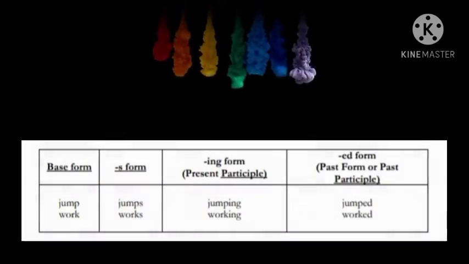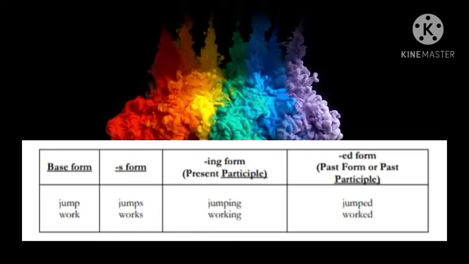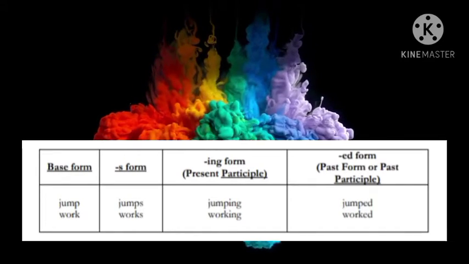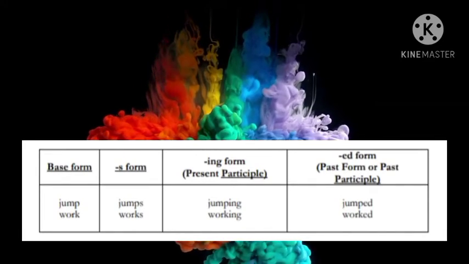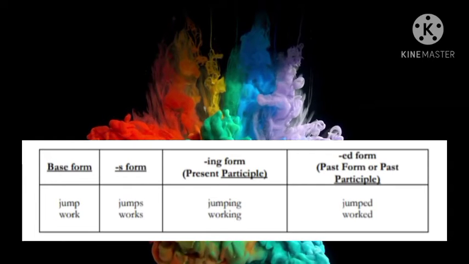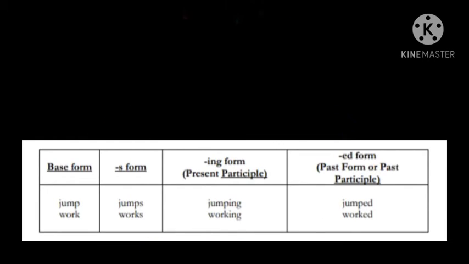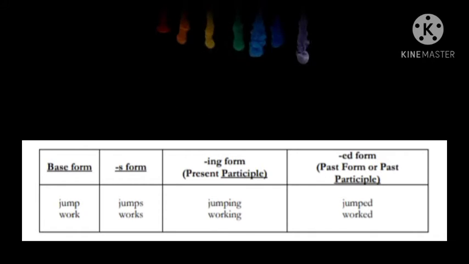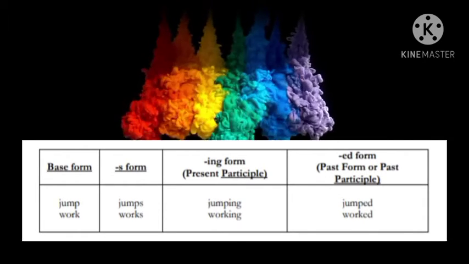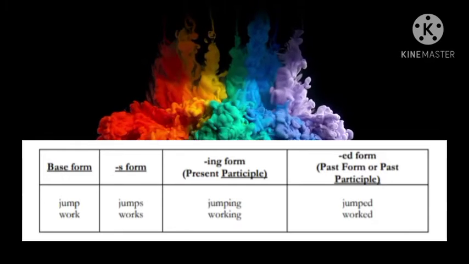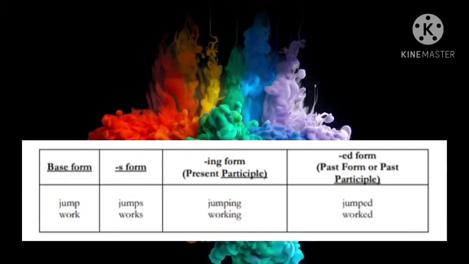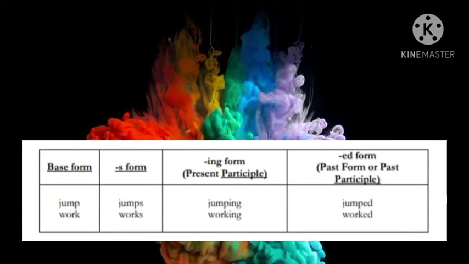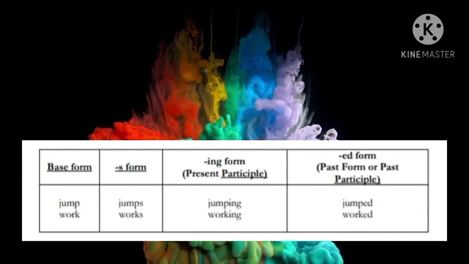Now class, let's take a look at this example. In the first column, there are two example words for base form. The first one is jump and the second one is work. For the second column, we will now apply the S form. The word jump becomes jumps and the word work becomes works.